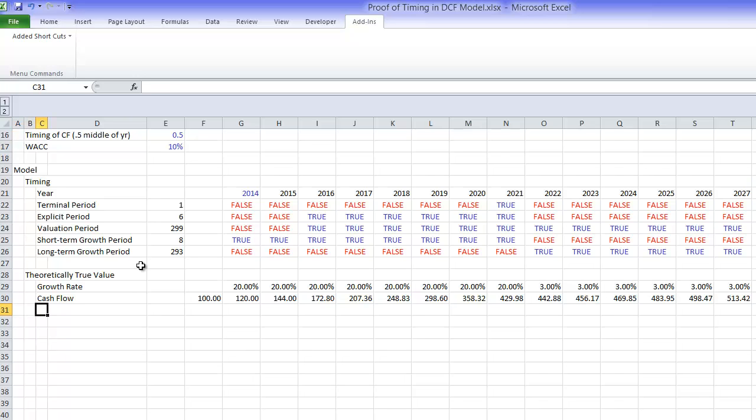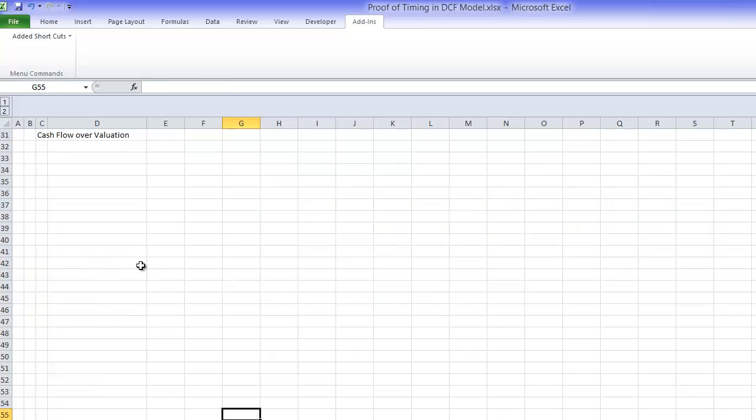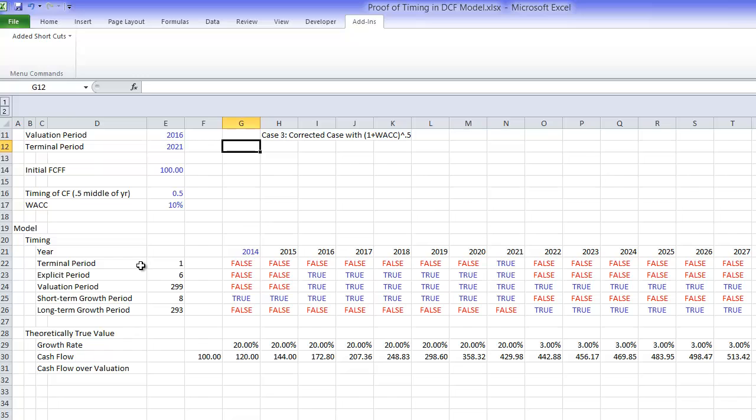Now, here's a little trick. If we want to only take our cash flow over our valuation period, this is why, you know, I think using this NPV function seems so old-fashioned, because it always assumes the end of the year. This is why it's so helpful.